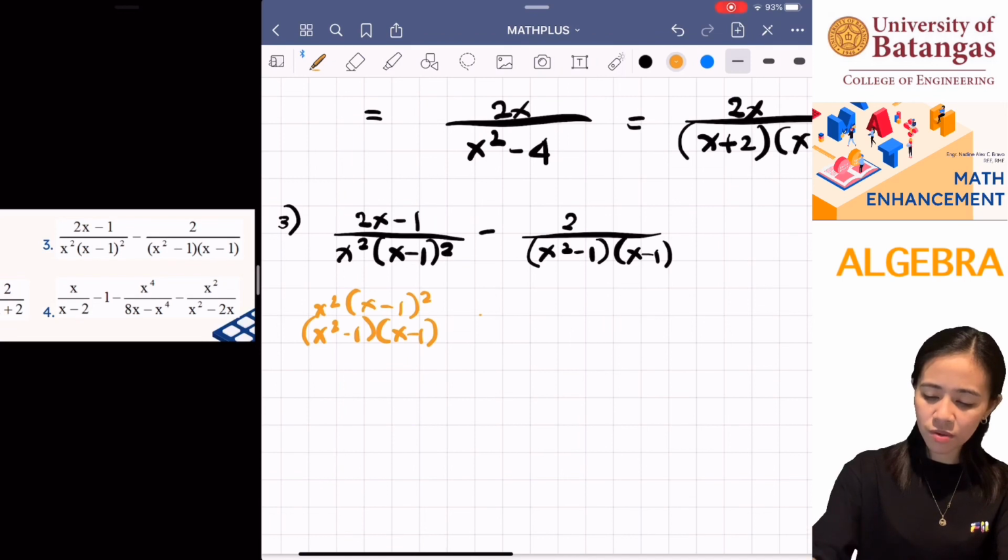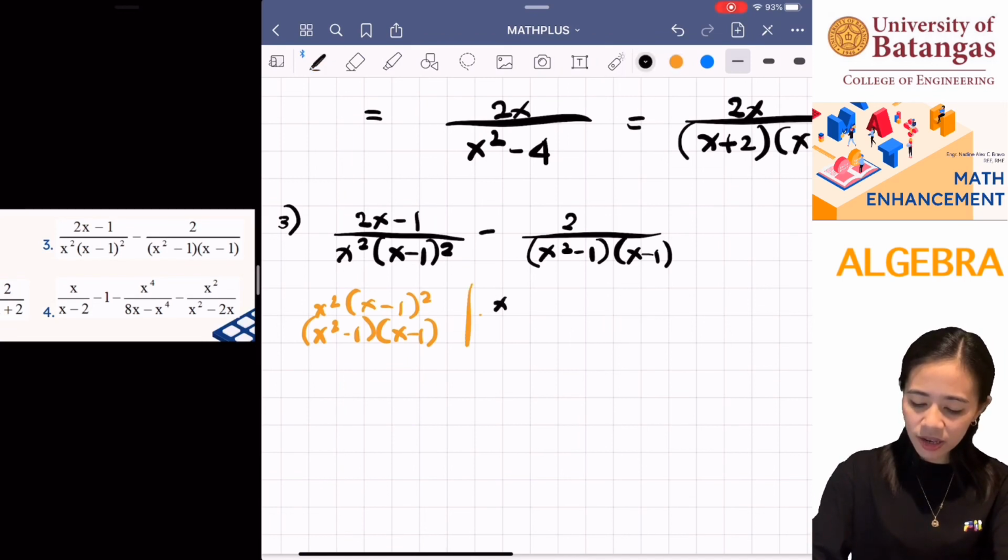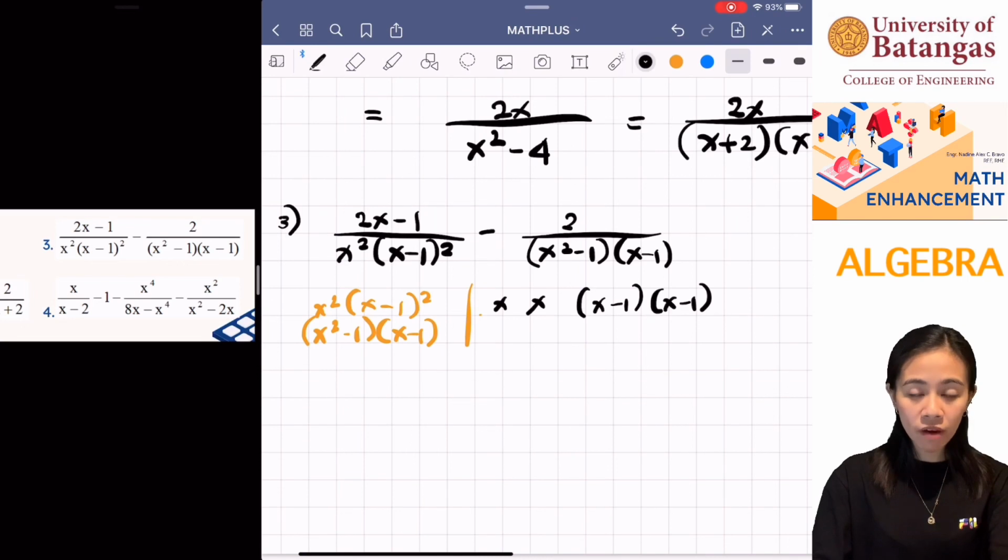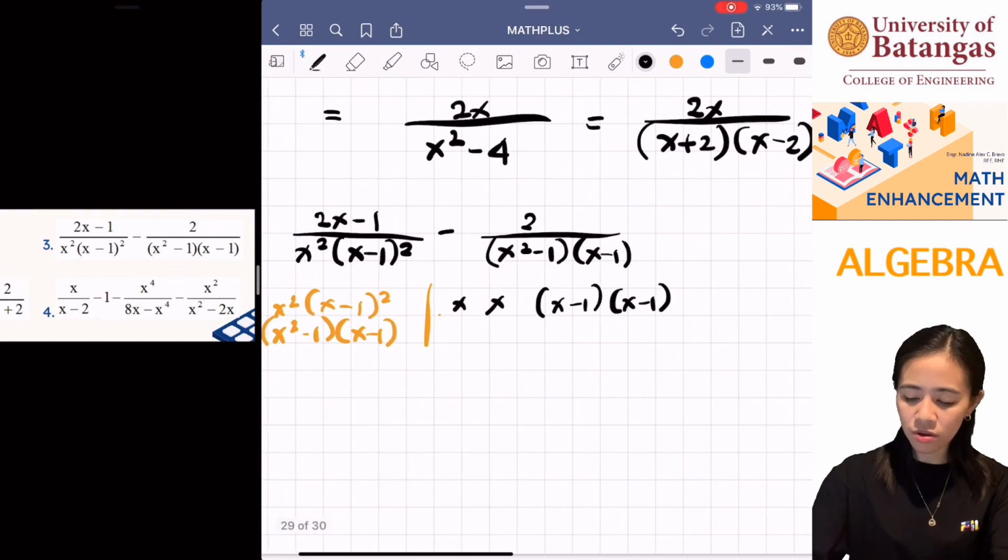So, that gives me, I have x, minus 1, and x minus 1. Okay, pinaprime factor ko lang siya. And then, I have x plus 1, diba? Kasi difference of squares to. So, let me write it here, x minus 1, x plus 1 times x minus 1, diba?